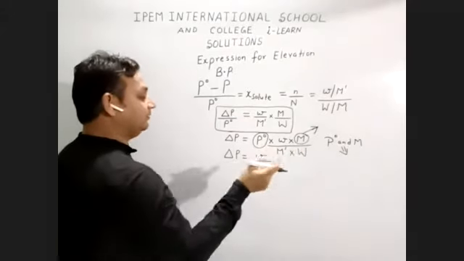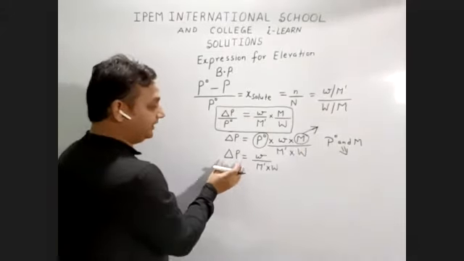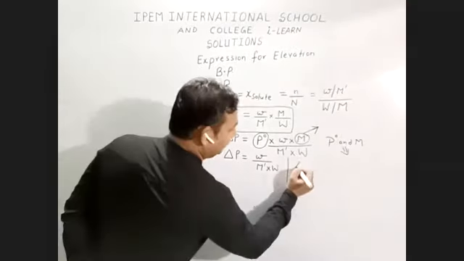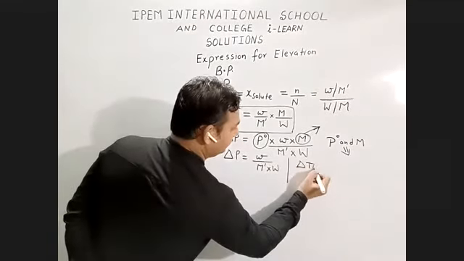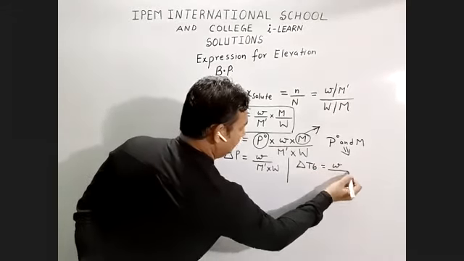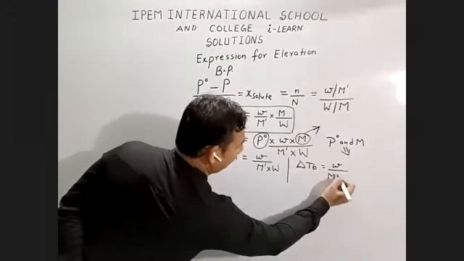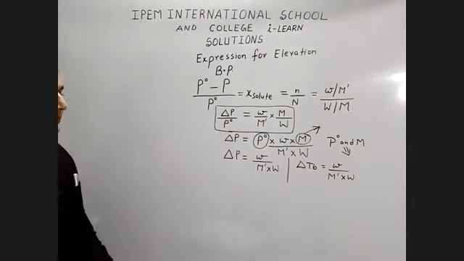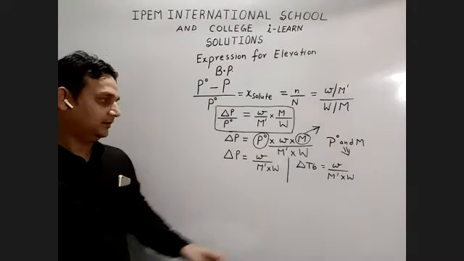Now, using that equation, instead of delta P, we can also write delta TB proportional to w upon M dash into W. Got it?